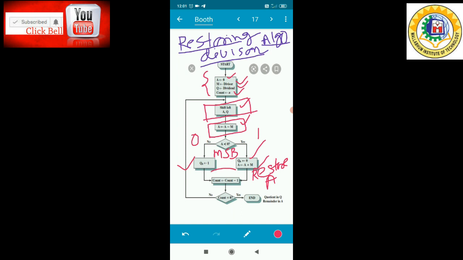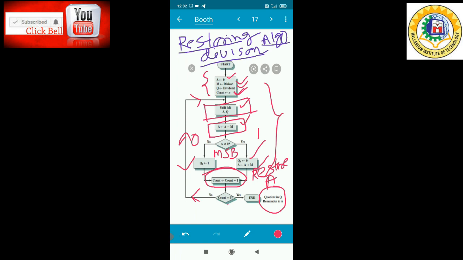Next, we make count 1 less. The count is stored previously in n. We check if the count is 0. If it is not, we go back again to the shift step. And if the count is 0, then we get the quotient in Q and remainder in A. So this is the flowchart of the algorithm.